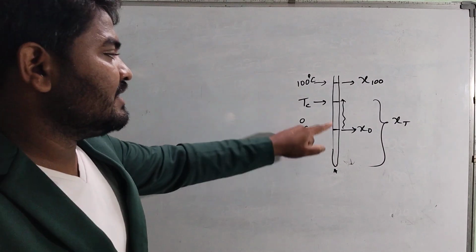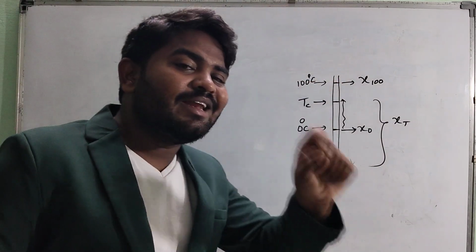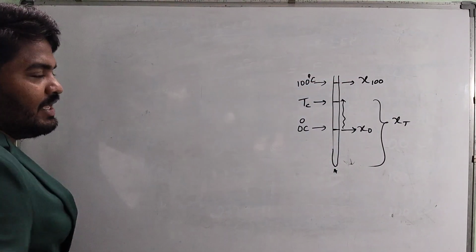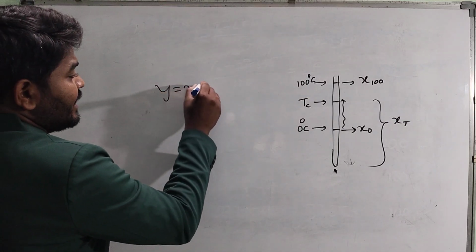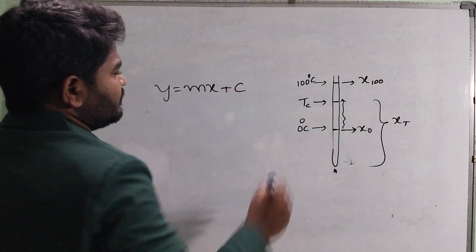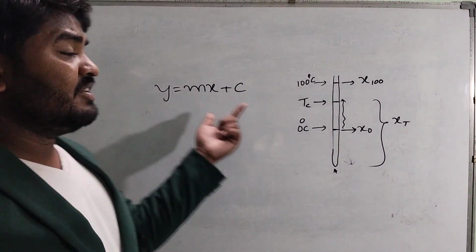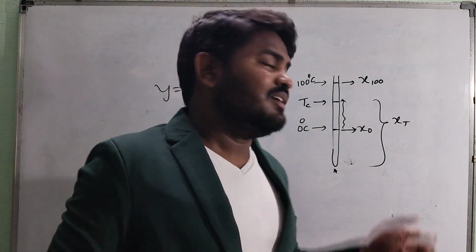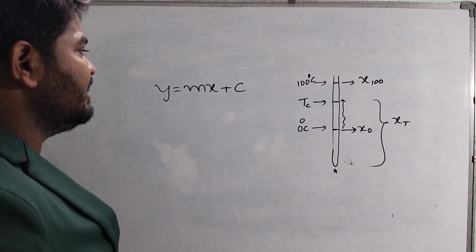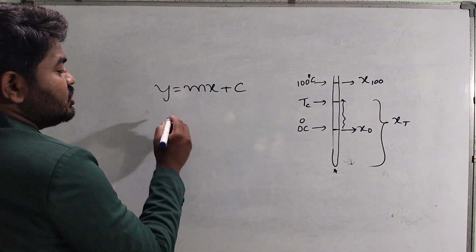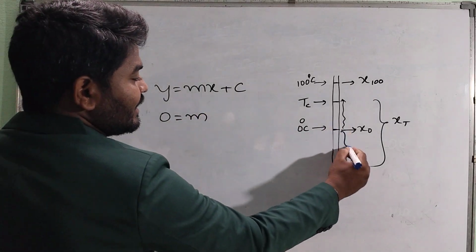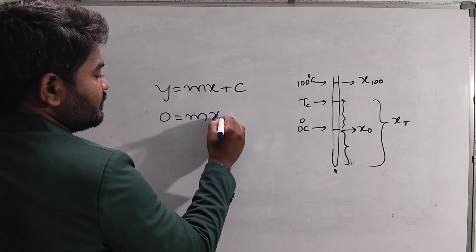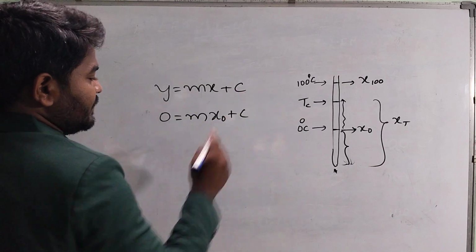Here, as the length is expanding linearly, you know mathematics, right? The formula is y equals mx plus c. This is the formula which indicates a straight line, a linear variation. Here, when the temperature is 0, the length is x0, so 0 equals m x0 plus c.